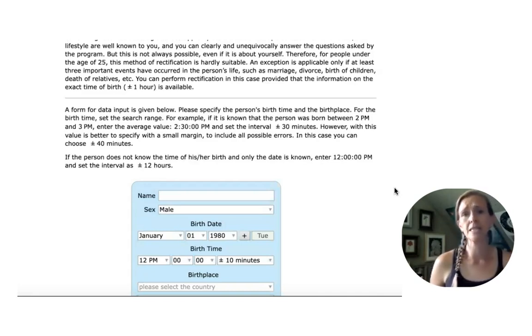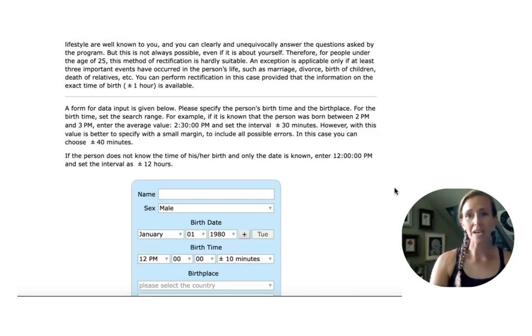The other thing about using this tool is really knowing the person well. So if you're using this for yourself, great. You can answer these questions usually for yourself, with the caveat that if you happen to be listening to this podcast and you're young, like under the age of 25, then it's probably not a suitable tool for you because you haven't sort of lived enough life to be able to base your birth time on the events and things that have unfolded in your life.